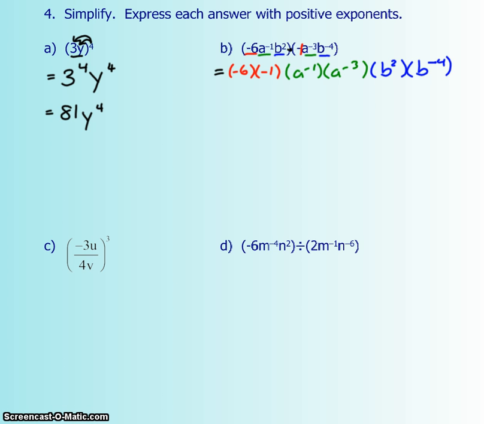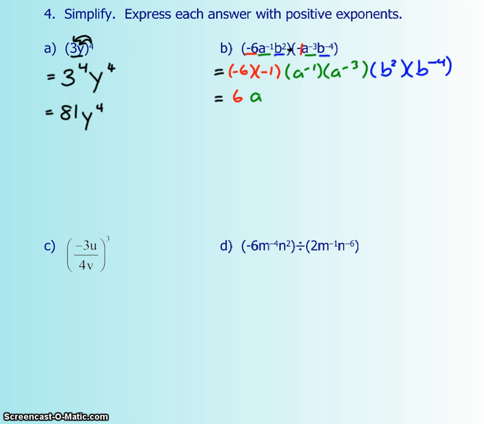All right. What we're going to do now is just use the rules that we learned in the previous video, where if you have rules for products, you're going to add the exponents. Okay, now the 6 and the 1, they don't really have the same base. We're just going to multiply them together like normal, and we're going to get a +6. So that's our coefficient, that's done.